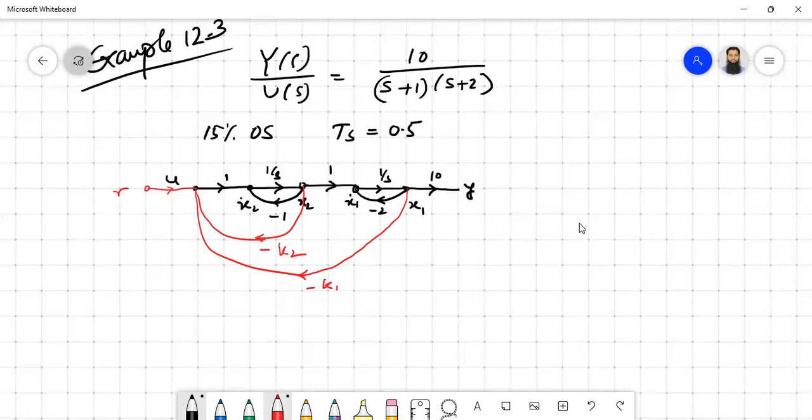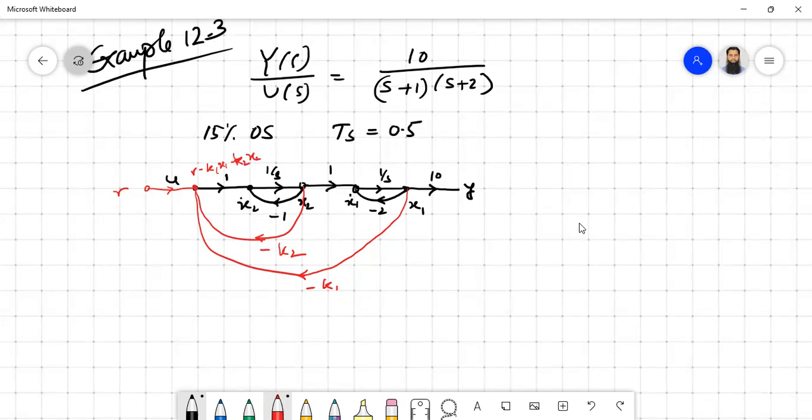Now, can we figure out the modified state equation from this diagram? As you can see, our U here is nothing but R minus K1 X1 minus K2 X2.